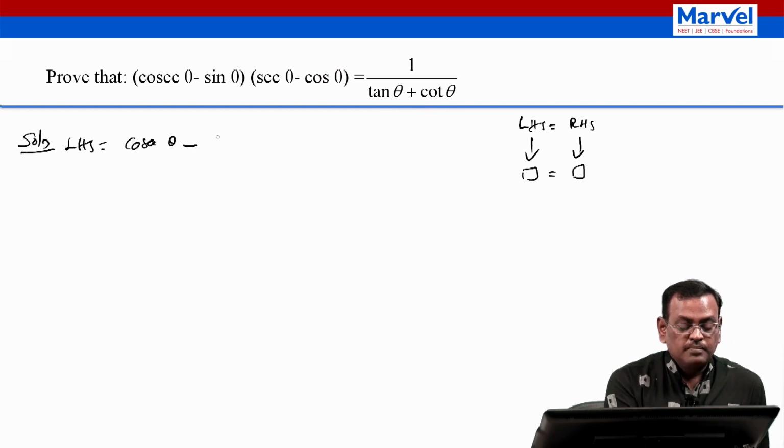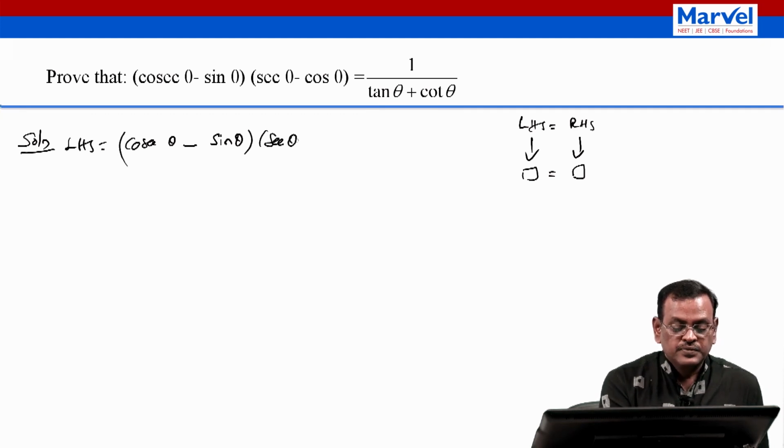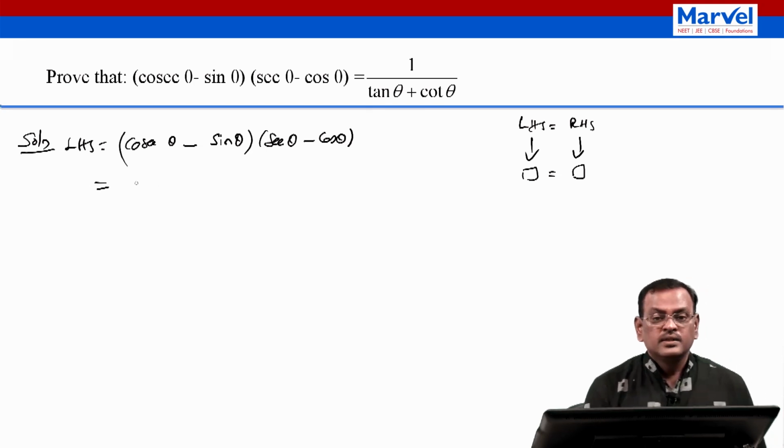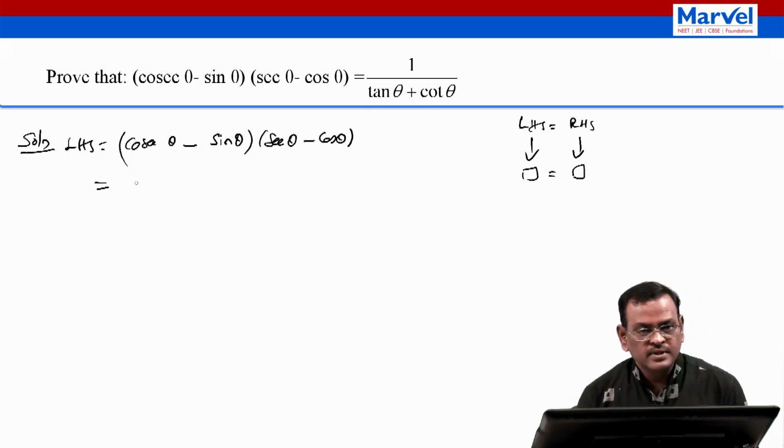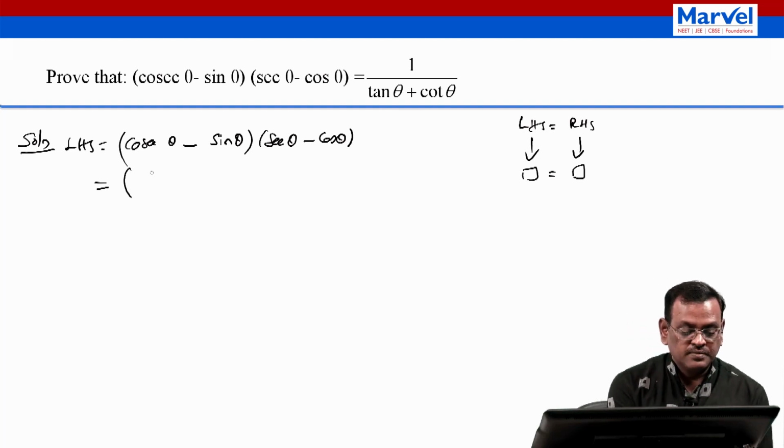Cosecant theta minus sin theta into secant theta minus cos theta, which is equal to, see how to simplify this type of expression. Already we discussed so many sums. Change into basic functions. How to convert into basic functions?